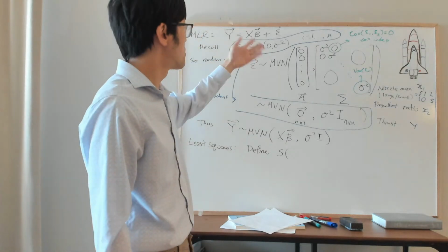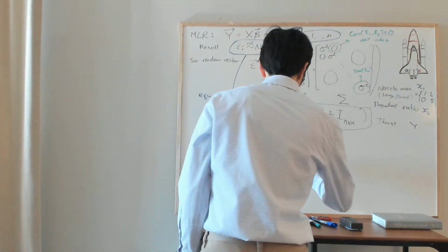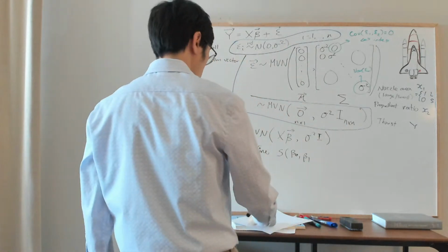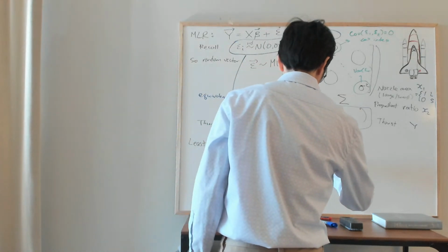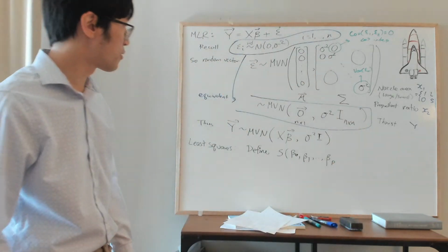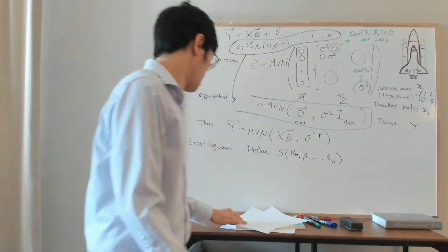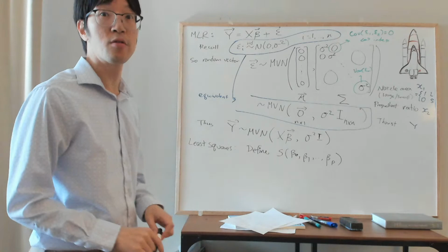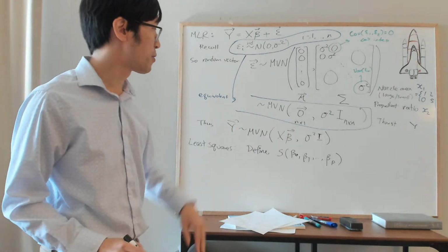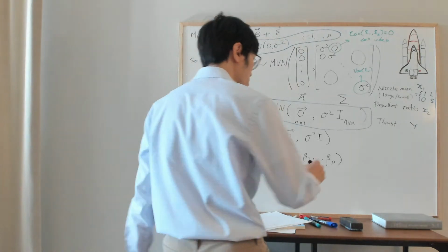Well, now instead of just beta 0 and beta 1, we have p plus 1 parameters: beta 0 for the intercept, beta 1 for the first predictor, up to beta p for the p explanatory variables we have. So now we're going to minimize it as a function of all the betas. The expression is analogous to the one we used for simple linear regression, except we now have p explanatory variables. So what's the expression?